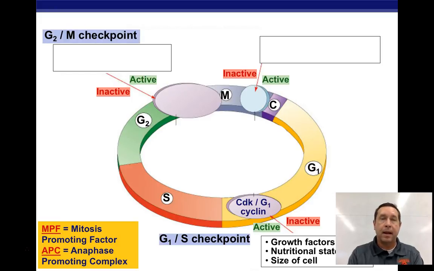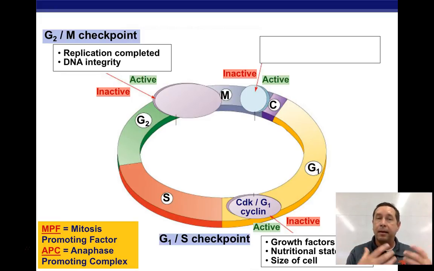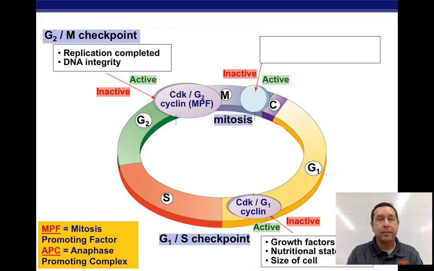At the G2 mitosis checkpoint, the cell makes sure that the DNA has been replicated, that it's all been copied, and copied correctly, and then the cyclins are going to be produced. The name of the complex is the G2 and mitosis promoting factor. And it causes the cell to go through mitosis.